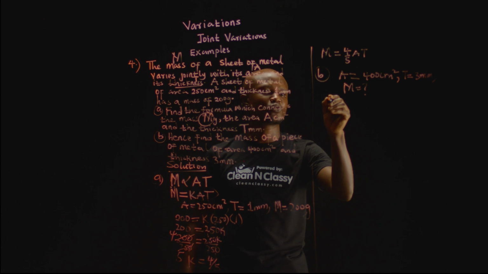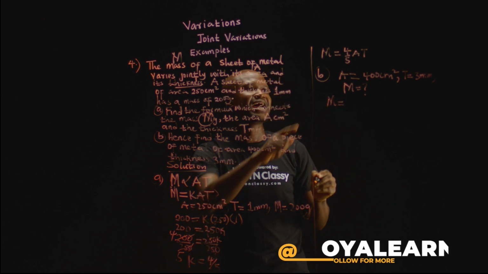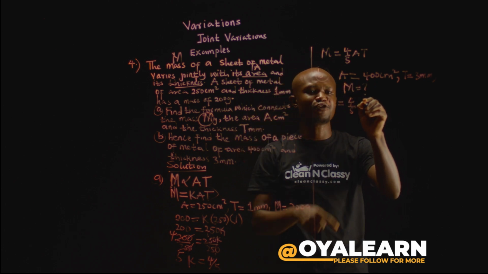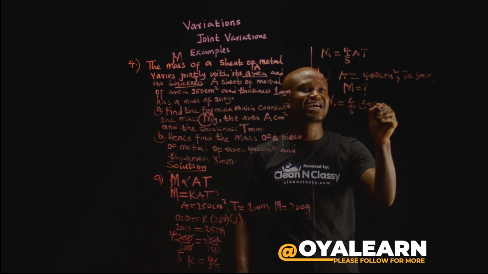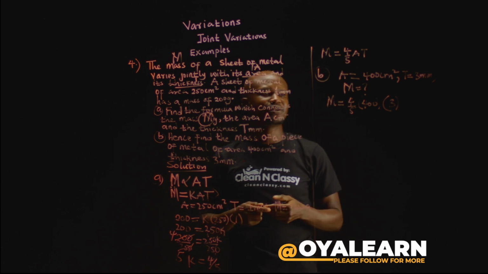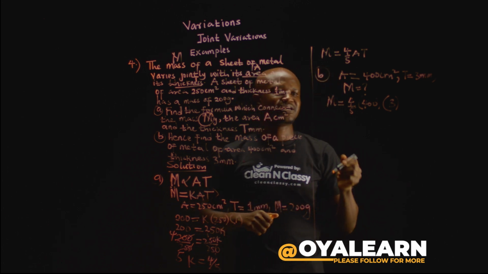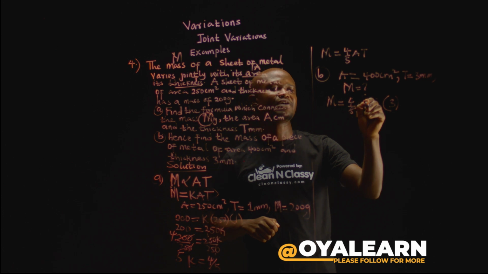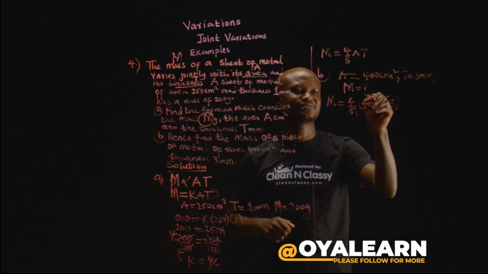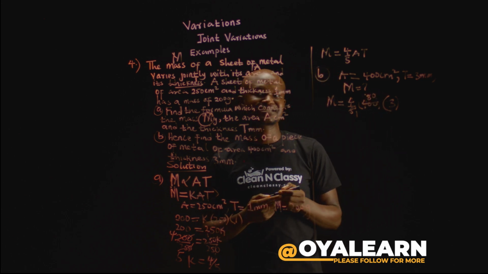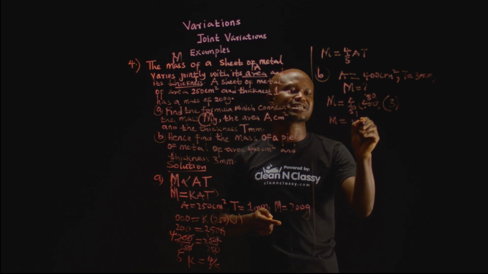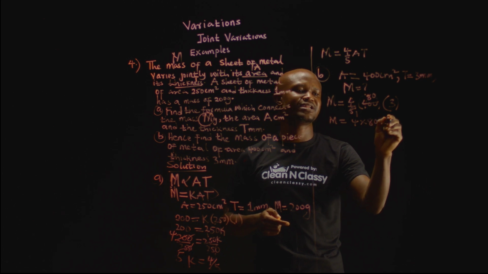So we write M equals 4 over 5 times A, and anywhere we see A, we substitute 400, times 3, which is T. Now, we simplify. 5 into 400 gives 80. So we now have M equal to 4 times 80 times 3.